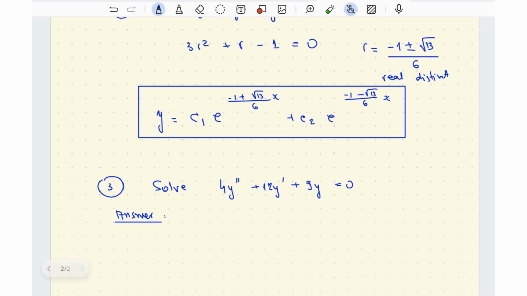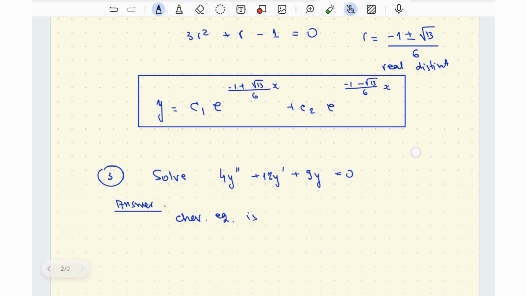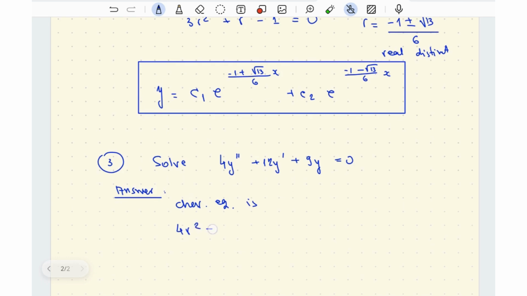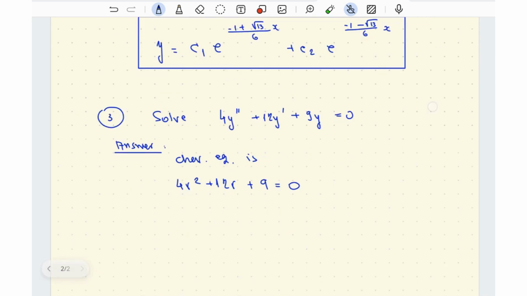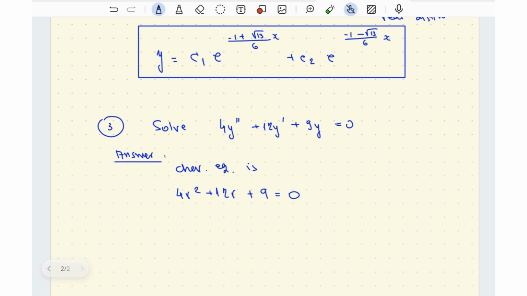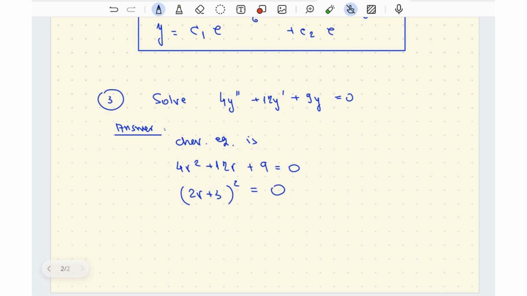We have the characteristic equation: 4r squared plus 12r plus 9 equals 0. And the solutions are, now this can be factored. This is the same as (2r plus 3) squared, and so r equals minus 3 over 2.